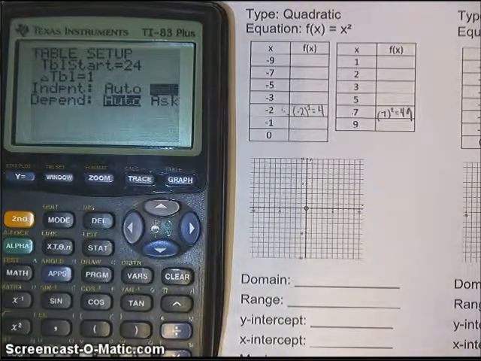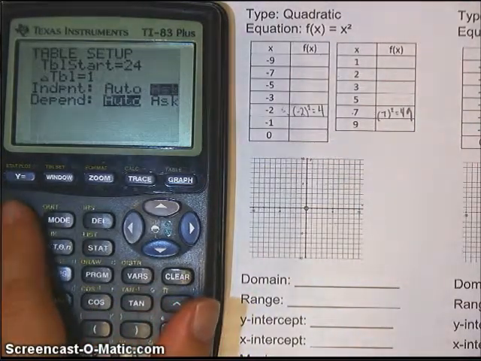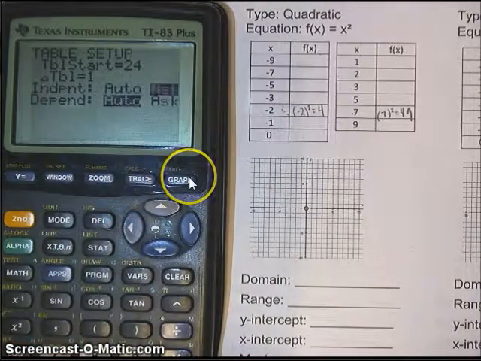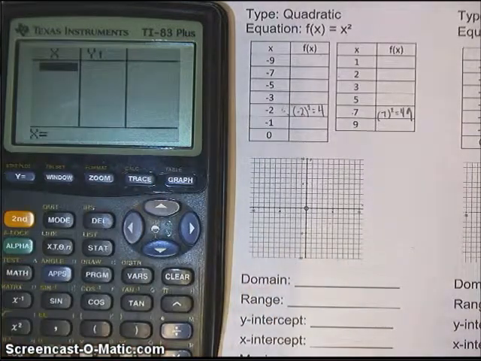What that's going to do is when I pull up the table, it's going to ask me which x value I'm interested in. So if you go second, table, that's going to get you there. Second table, and it's asking me what x I want.